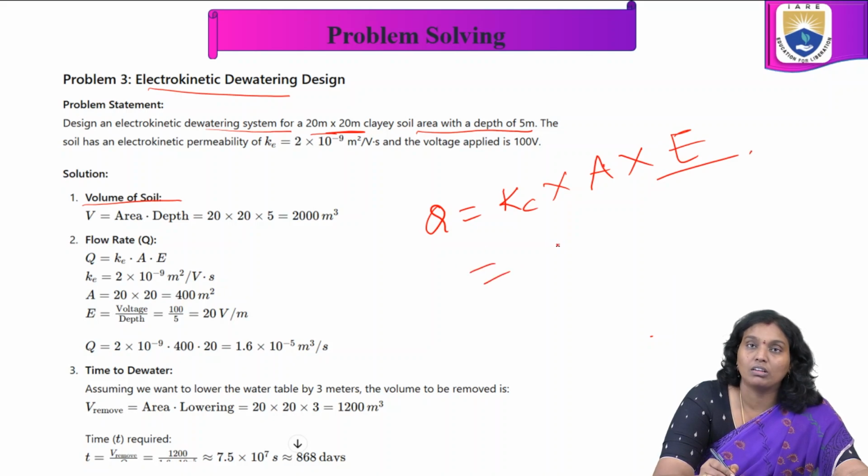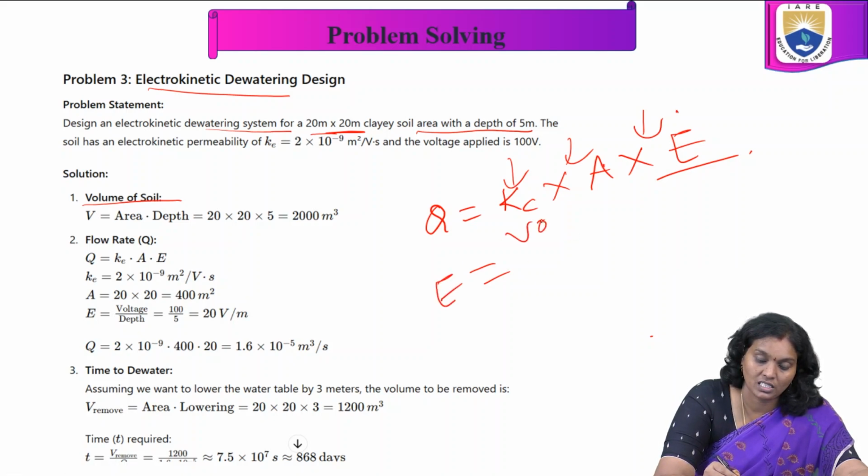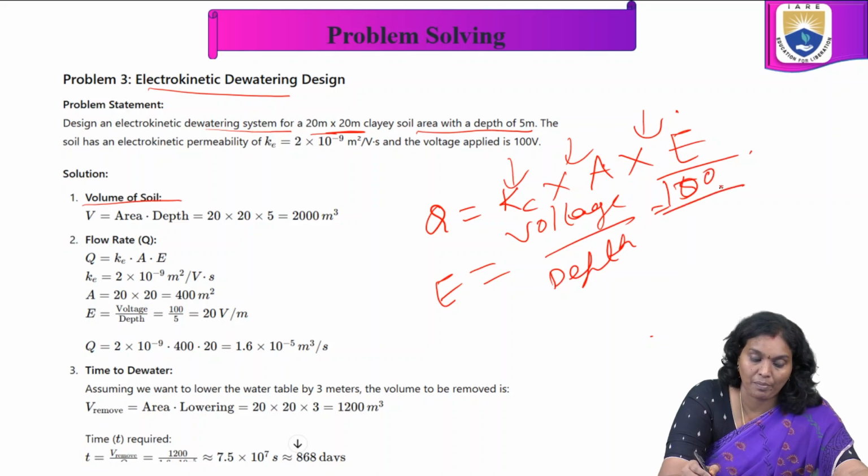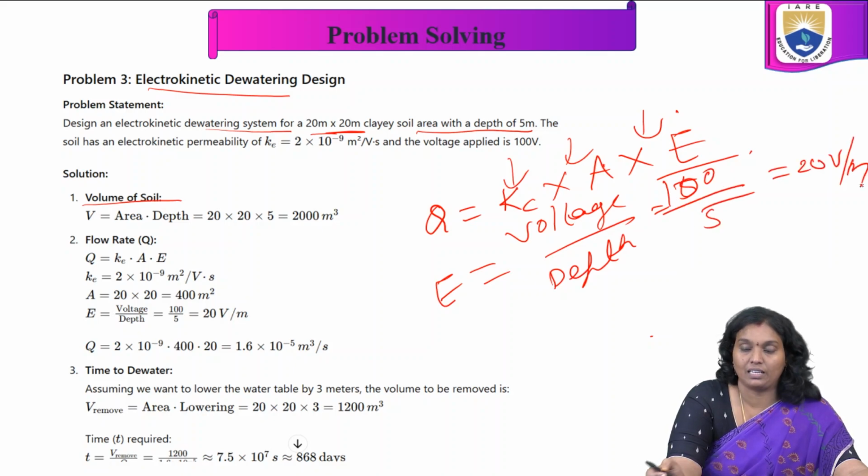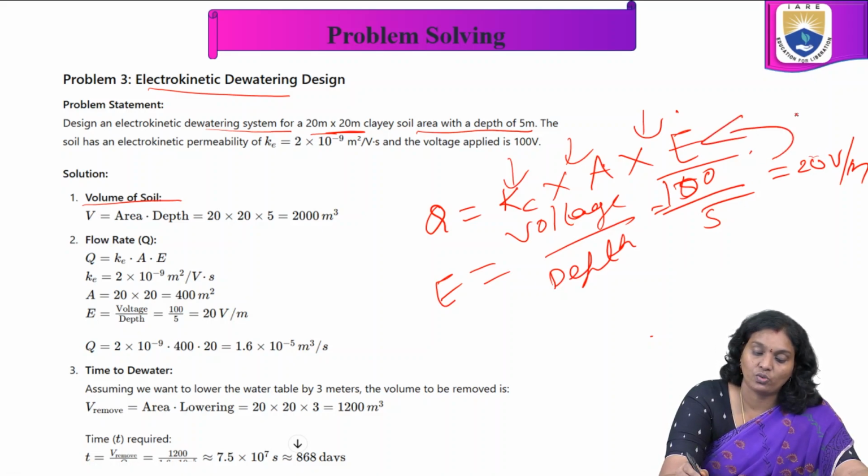So applying all the numerical values into the respective parameters, we will get E equal to voltage per depth. So the overall voltage is equal to 100. How much we applied, that is 100 by depth equal to 5, 20 volts per meter. So now we substitute this value into this flow rate.